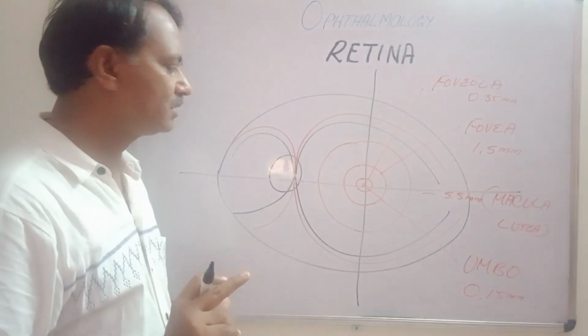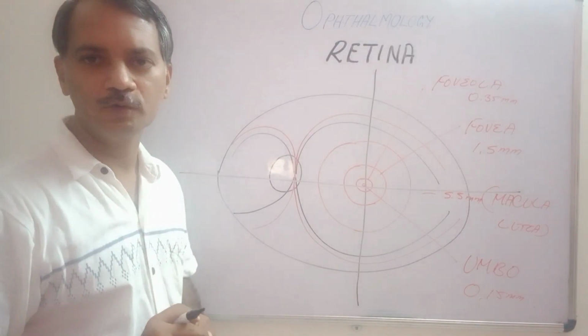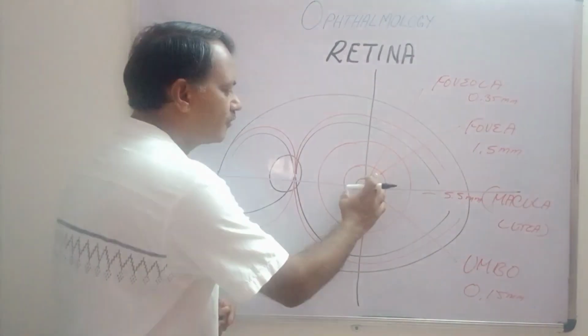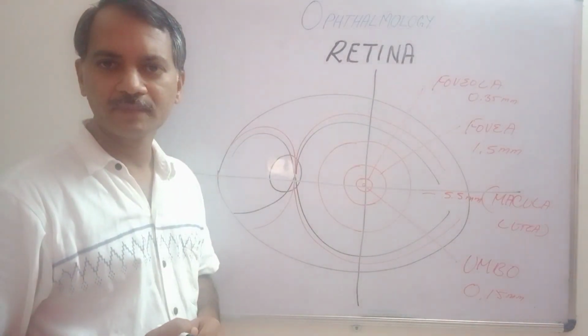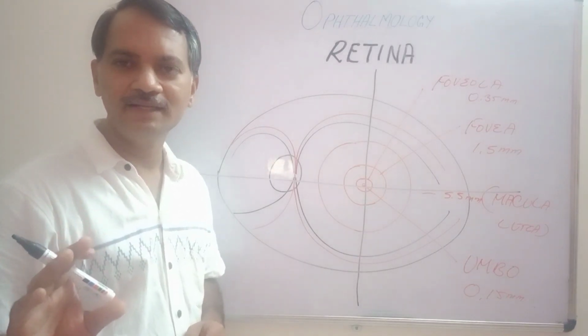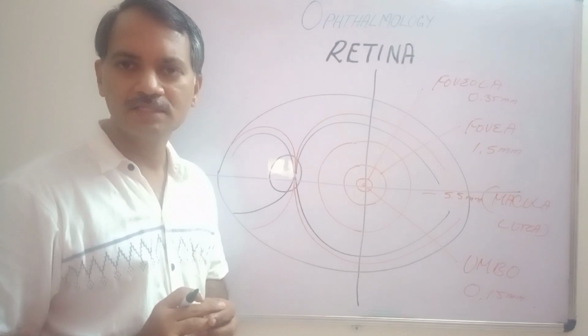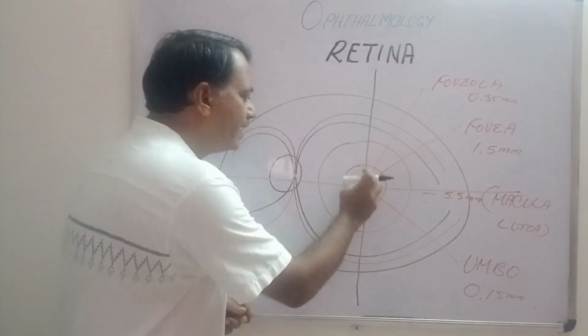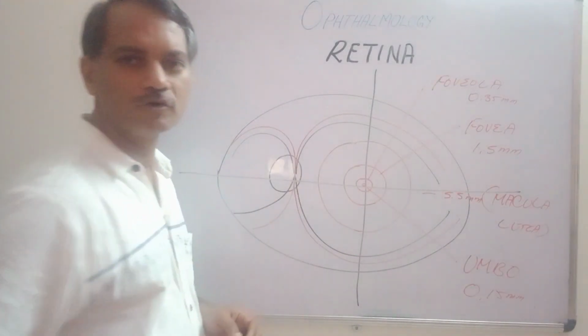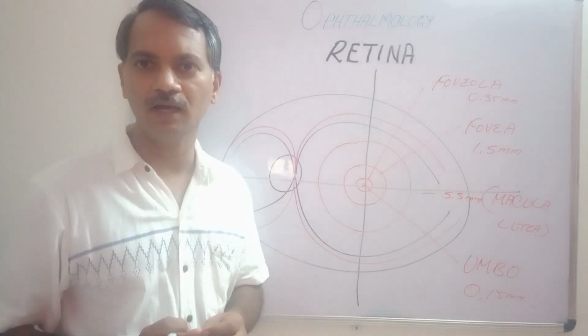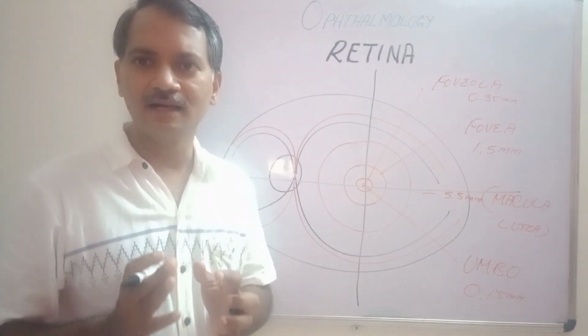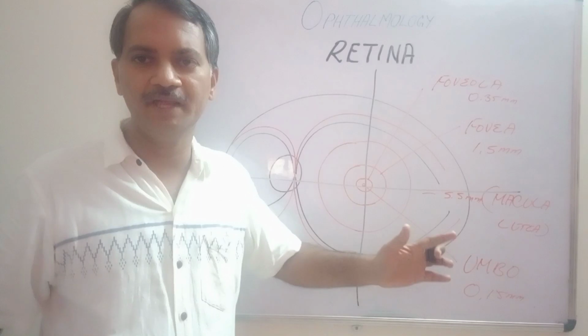Next, one more thing everybody will be asking you. In the center of the macula, you don't have all the 10 layers of the retina, because there is a very high concentration of cones in the center of the macula. All the other layers are pushed towards the periphery.